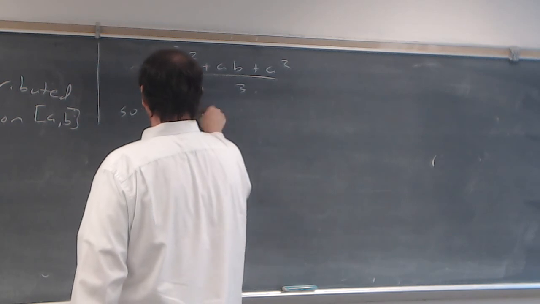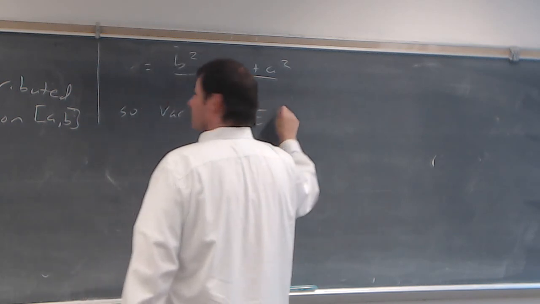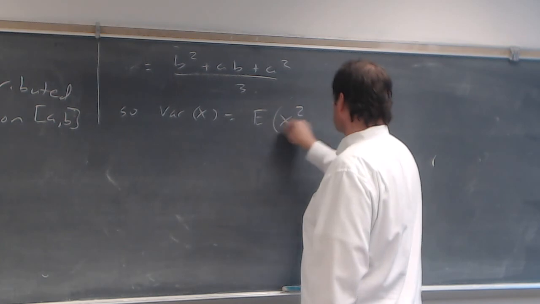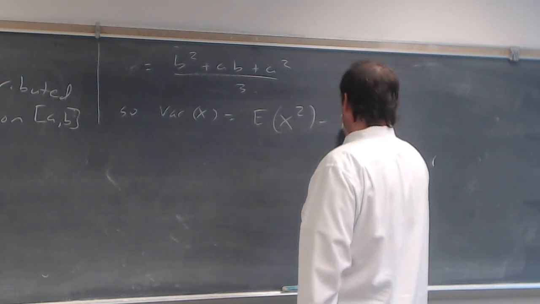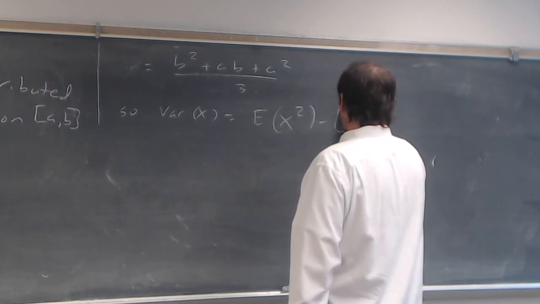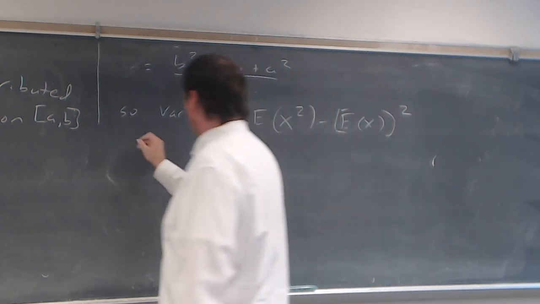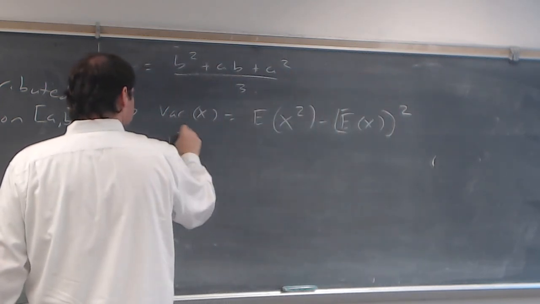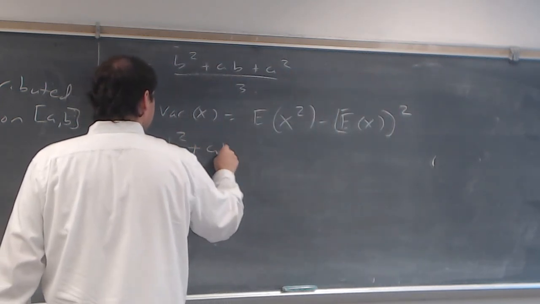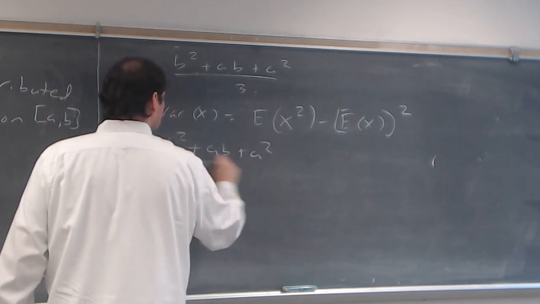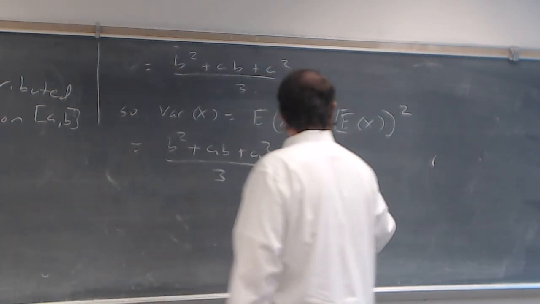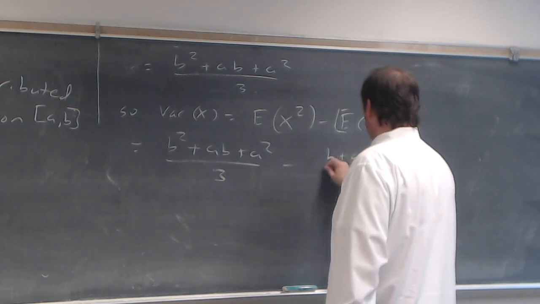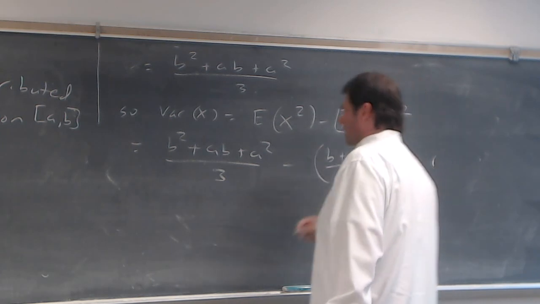So the variance of x is equal to the expected value of x squared minus the expected value of x, squared, which would be equal to this (b squared plus ab plus a squared) all over 3 minus, remember this was (b plus a) over 2, but that's squared.